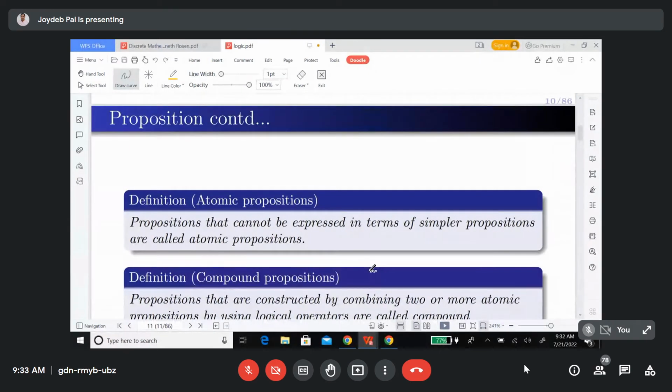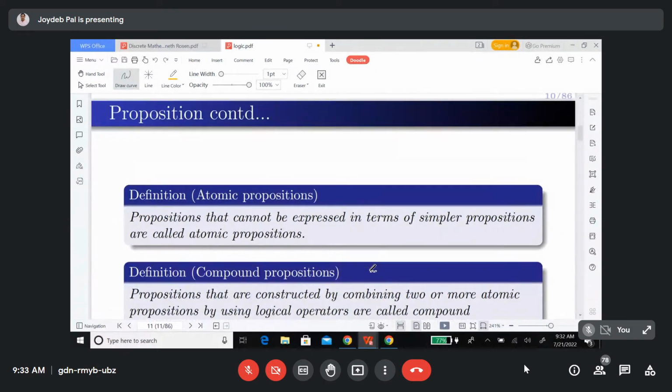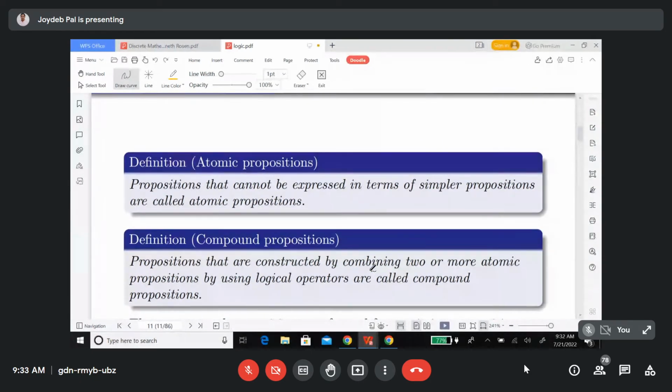Now coming to types of proposition. So there are two types, atomic proposition and compound proposition.